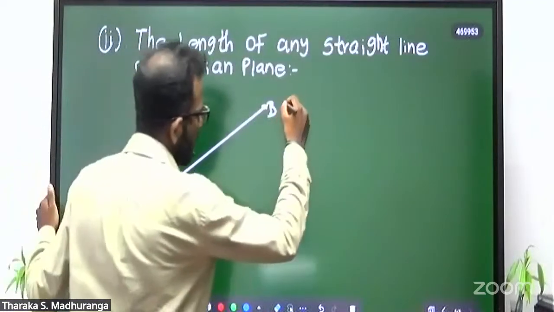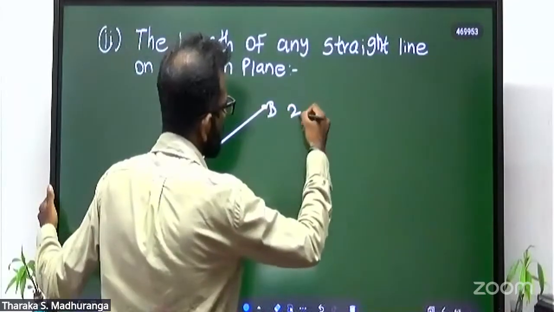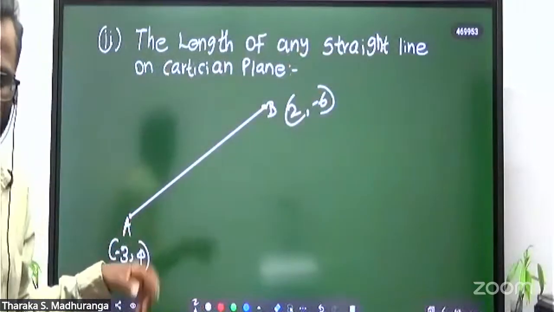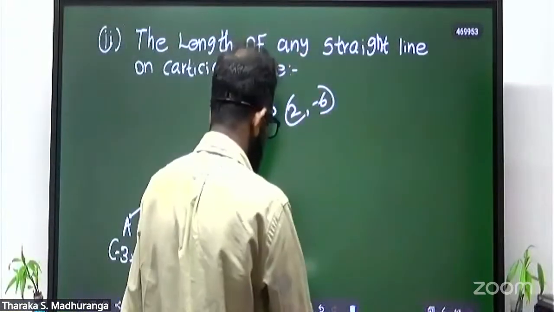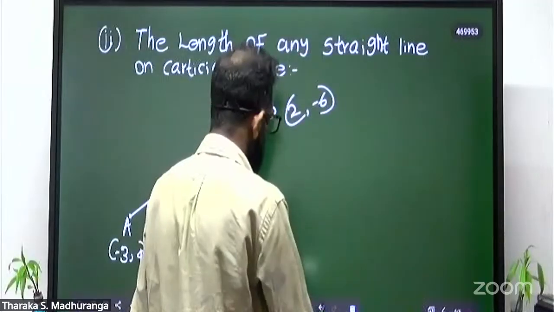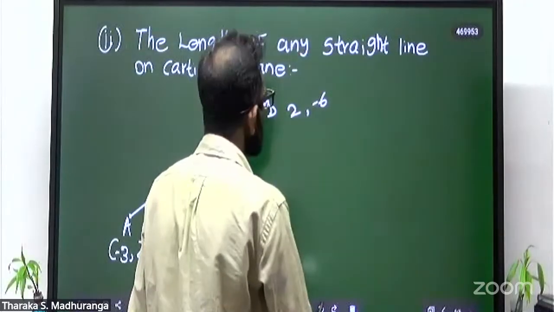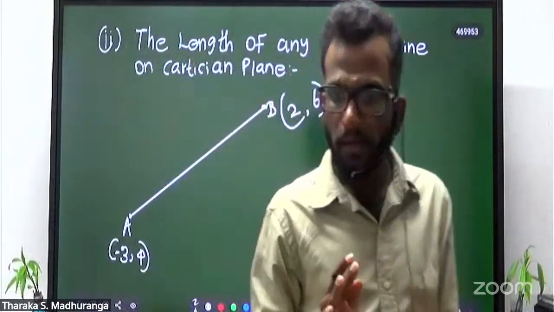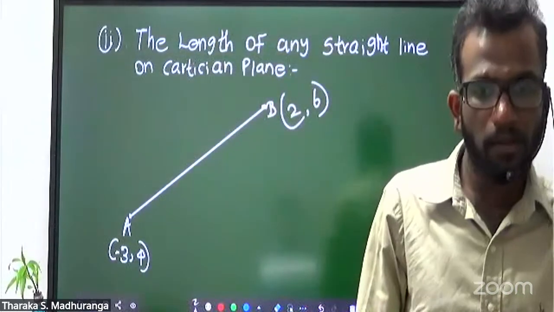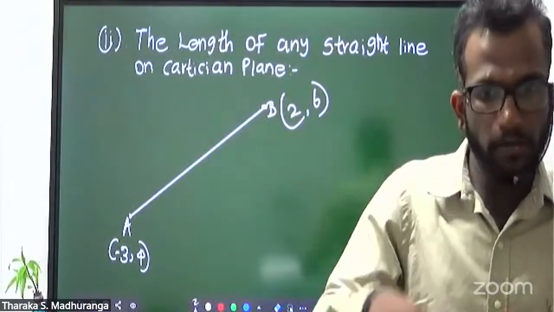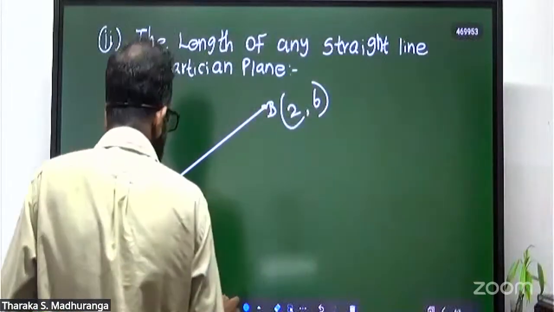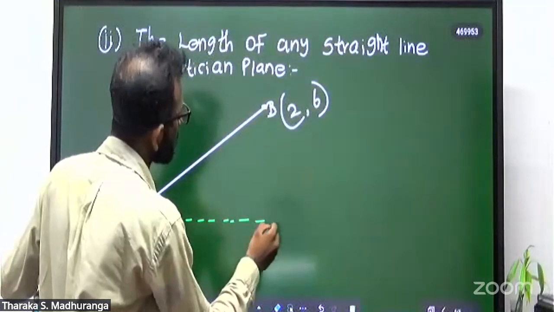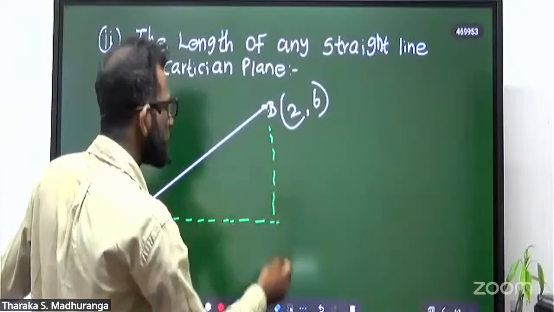The B coordinates are 2 and 6. If they give only that, how do we get the length? It is very difficult to convert into a right angle triangle and use the Pythagoras theorem.